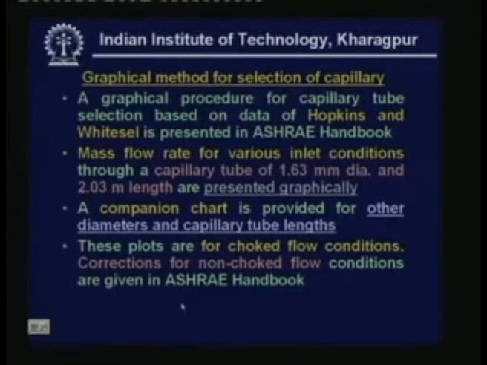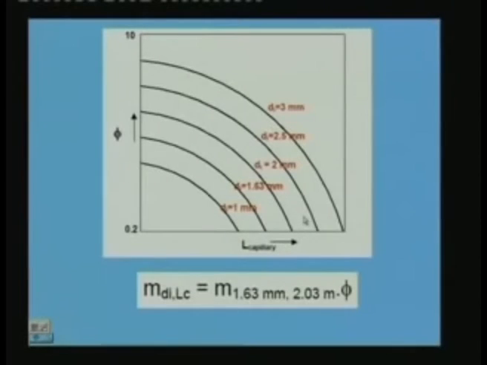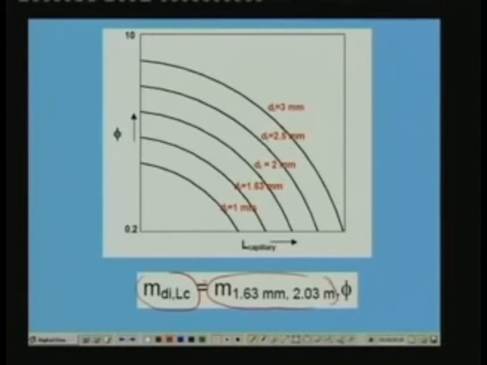Now a companion chart is provided for other diameters and capillary tube lengths, because it is not necessary that your capillary diameter is 1.63 millimeter and length is 2.03 meters. You can have any other diameter and length. For any other diameter and length, the actual mass flow rate is nothing but the mass flow rate through the standard 1.63 mm diameter capillary multiplied by a flow correction factor phi.